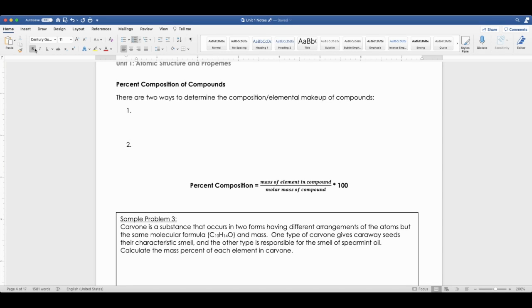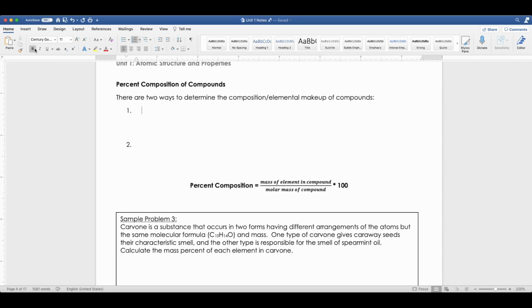All right, so welcome to our second video in Unit 1, which is all about the percent composition of an element in a compound. And this is very simple, actually, because if you think of a percentage of something, it's just what is the percentage of the item in question over the whole, right?